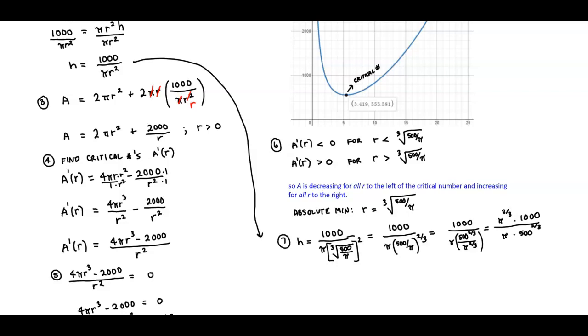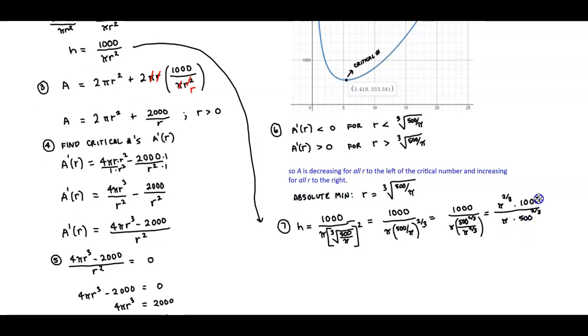Now, if we want the same base, we can factor out a 2. So we have 2 times pi to the 2/3 times 500 over pi times 500 to the 2/3 power.